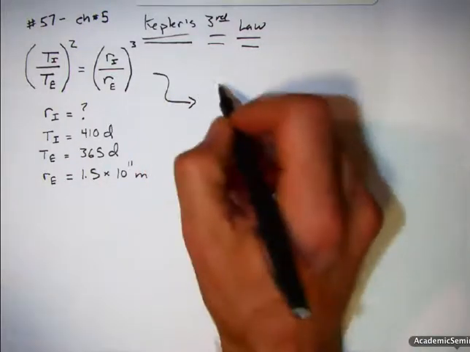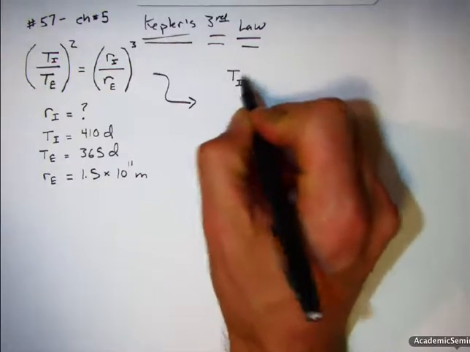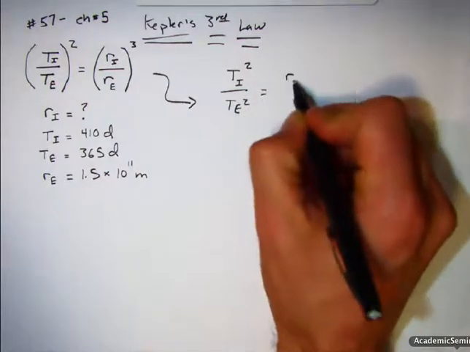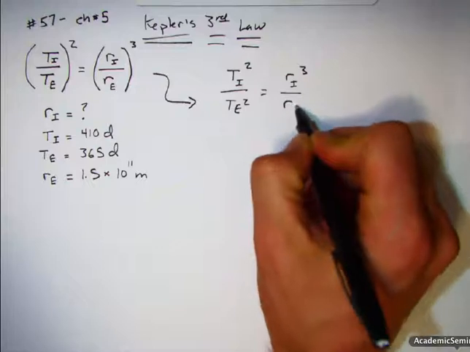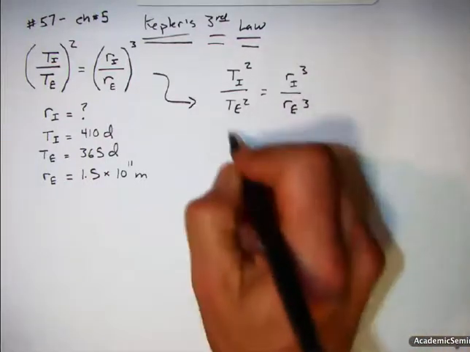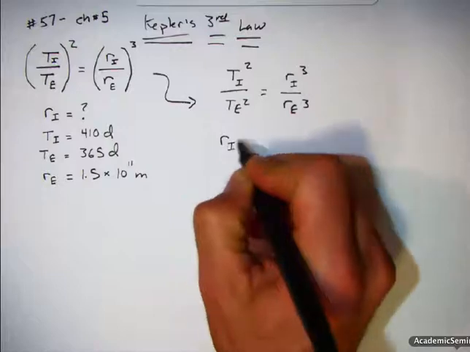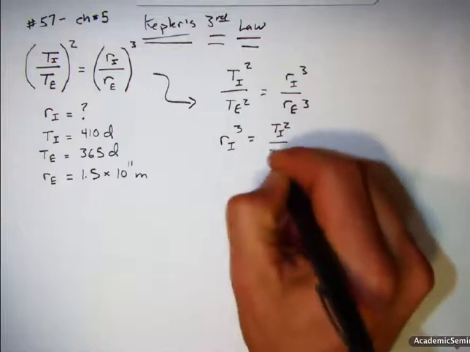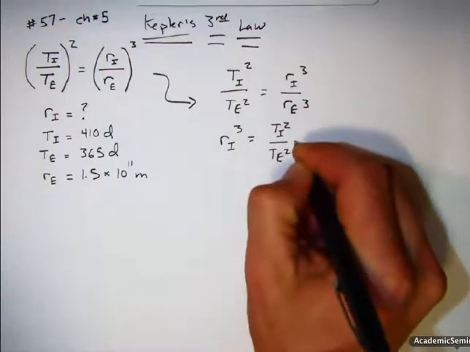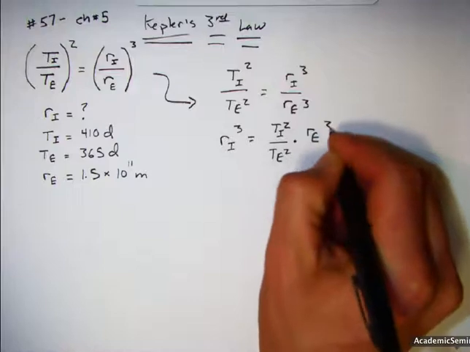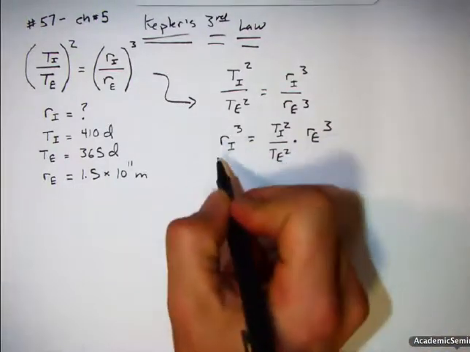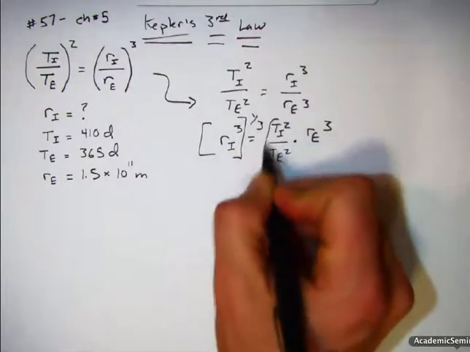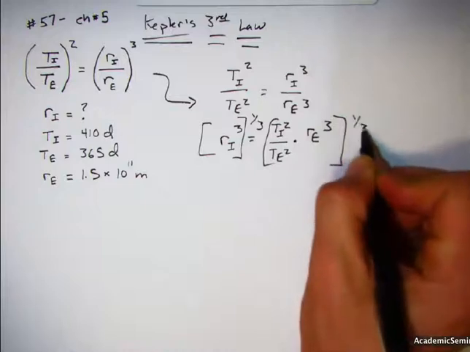I'm going to write this as T sub I squared divided by T sub E squared is equal to R sub I cubed divided by R sub E cubed. If I rearrange this a little bit, R sub I cubed is equal to T sub I squared divided by T sub E squared times R sub E cubed. And I am going to raise each side to the 1/3 power. I can do that.